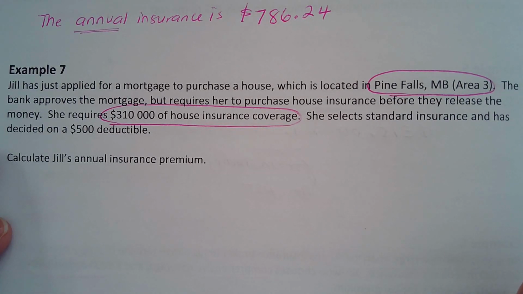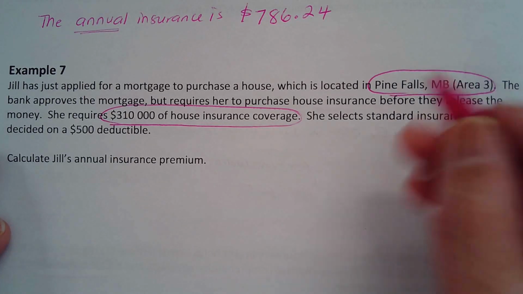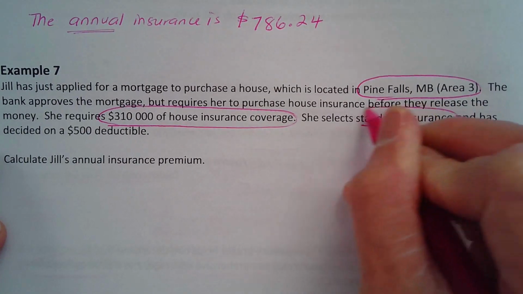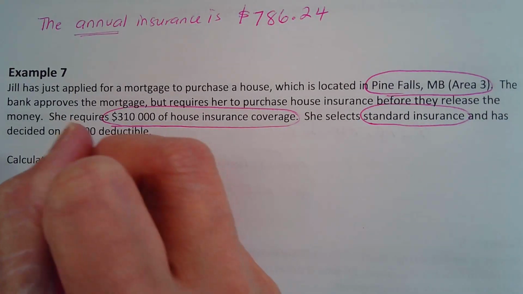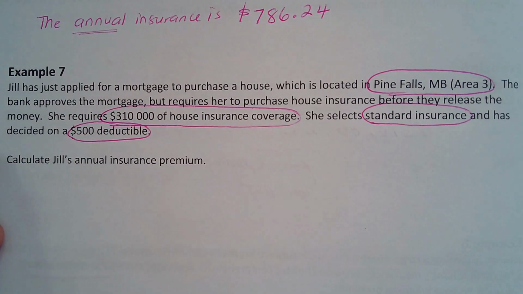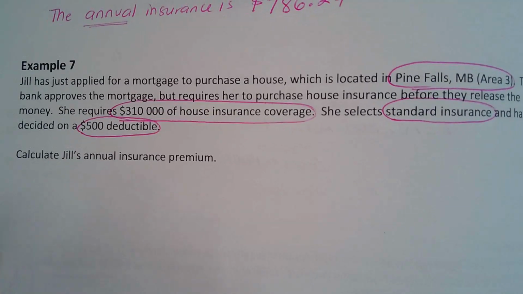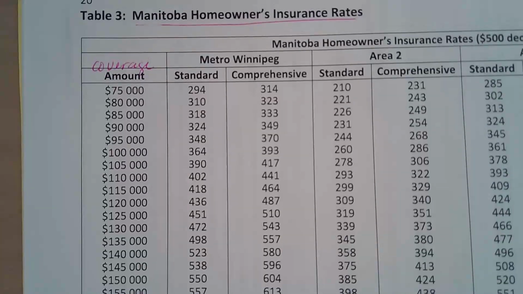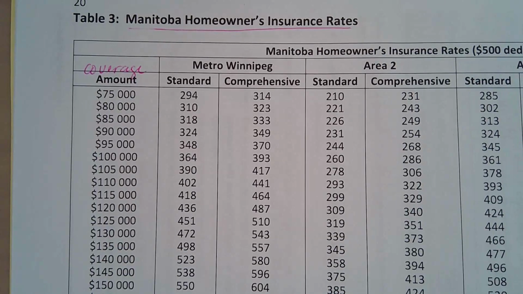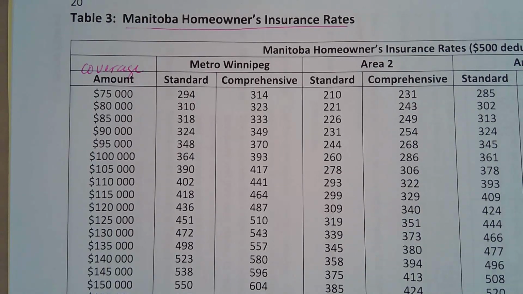What's important there? Standard insurance, and that it's a $500 deductible. Okay, good. So let's take a look at our page on page 20. So what coverage amount do we need?